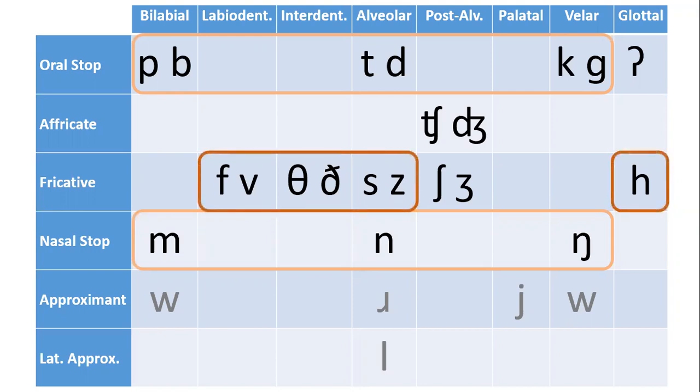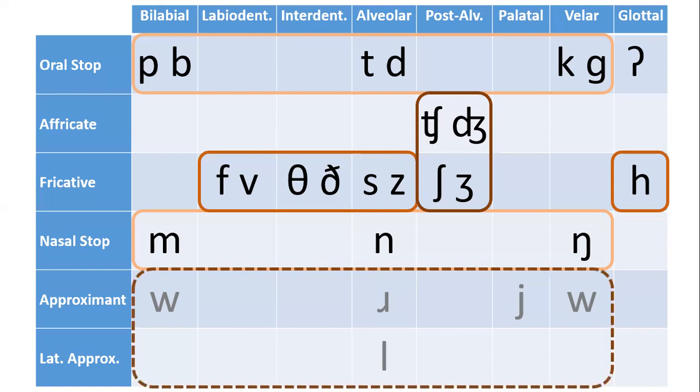Then we looked at a first series of fricatives, f v, th, s z, h. There's voiced and voiceless ones, except for h, which can't be voiced because voicing happens in the glottis. And then we looked at, instead of post-alveolar sounds, the affricates ch and j, and the fricatives sh and zh.